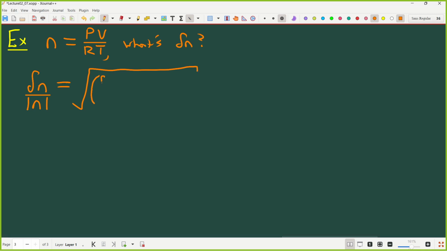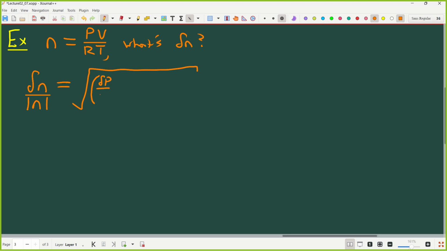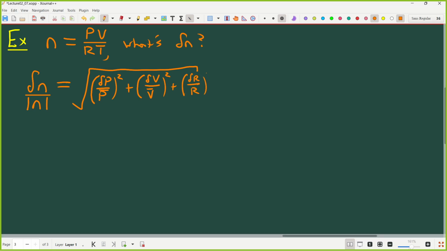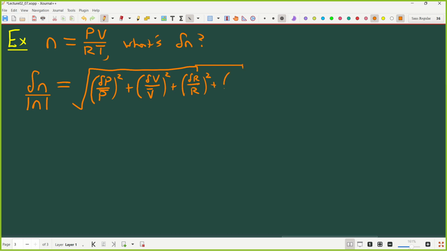So that's going to be the error in P divided by the value you measure for P, squared, plus the error in V divided by the value you measure for V, squared, plus the error in R divided by the value that you measure for R, squared, and then the same thing for T.